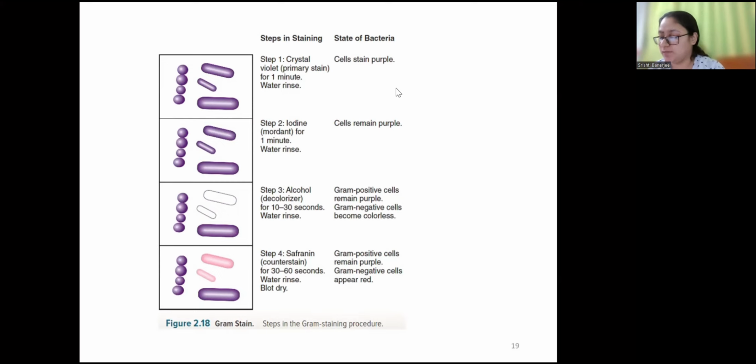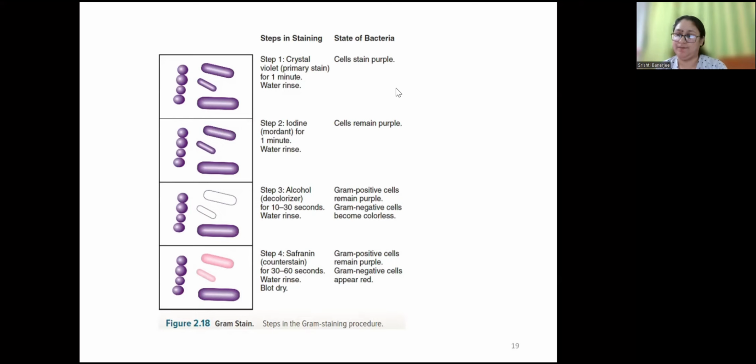The next process is the decolorizing agent. The decolorizing agent is an alcohol, and different concentrations can be used. We wash the cells with alcohol for about 10 to 30 seconds under water. What will happen is, gram positive cells will keep the purple color, but the gram negative cells will start losing their purple color.